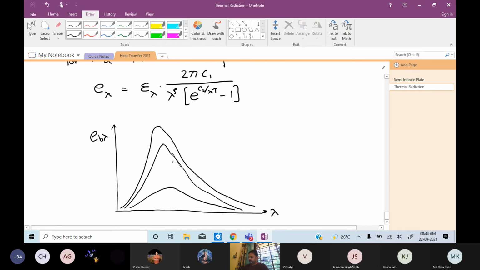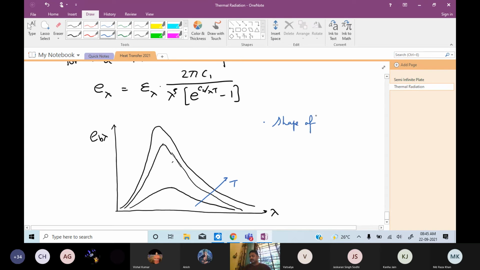So if we increase the temperature, Planck's law will give you curves like this. If you observe, number one, the shape of the curves.